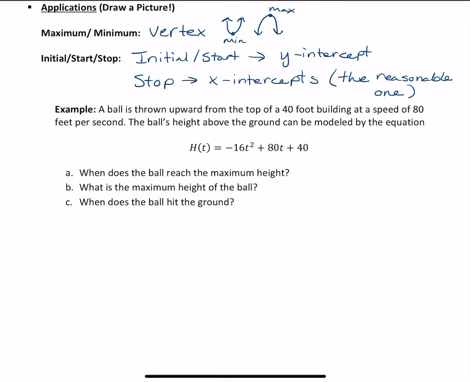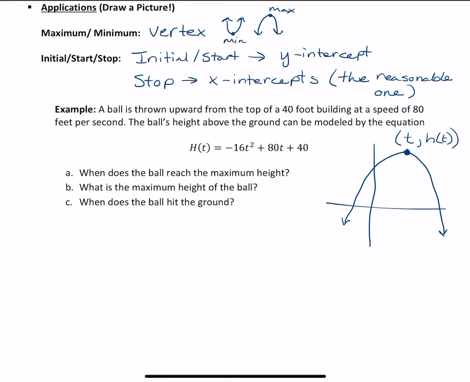So basically, if you were graphing this, it's a negative 16, so it's going to be flipped upside down. So it's doing some shape like this. Your vertex is going to be your maximum height, where t is your x value and h of t is the height, is your y value.